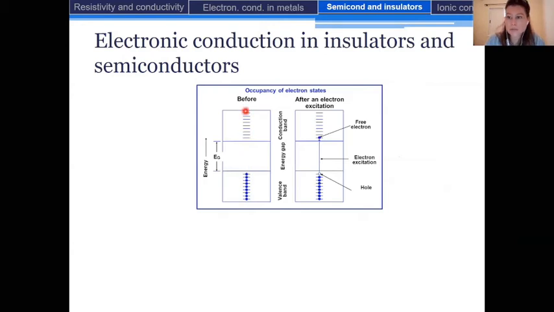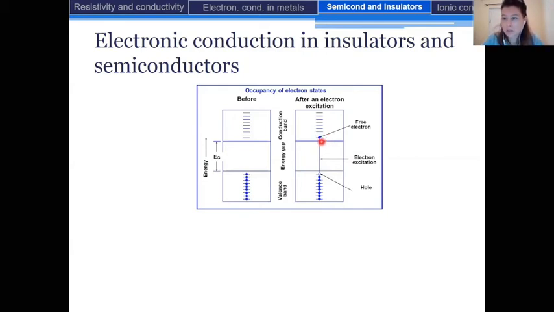And then we have an empty conduction band. And if we can excite an electron of the valence band, it is able to drop to the conduction band.